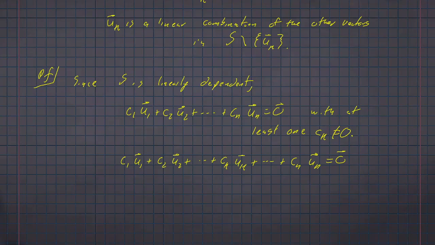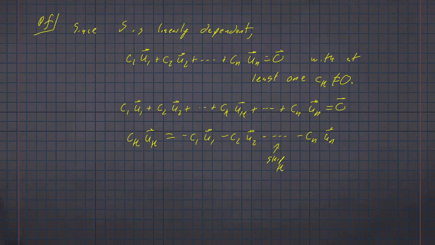And I'm going to rearrange this equation so that Ck uk is on the left-hand side. And on the right-hand side, I'll just subtract everything else. So I'll have minus C1u1, minus C2u2, skip k, but eventually get to minus Cnun.